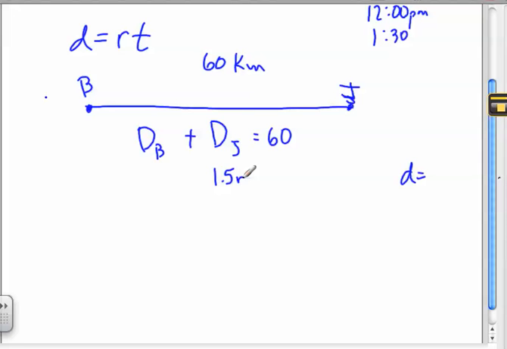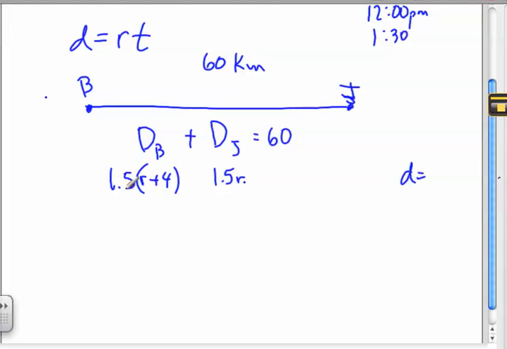How can I represent Brent's distance? His rate times time. What is his rate, Eric? R plus 4, right? It's Jane's rate plus 4. And what's his time? How long does he travel, Ben? 1.5, because that's when they met, right?